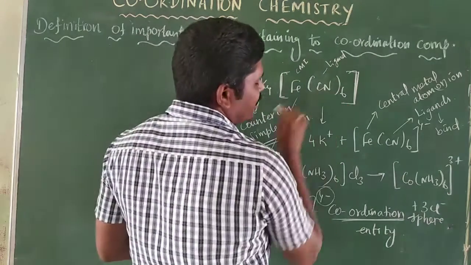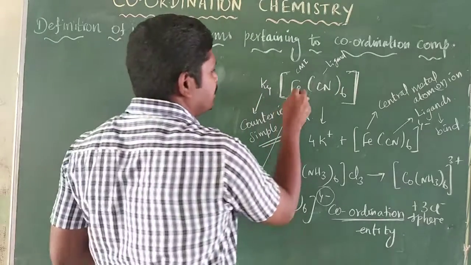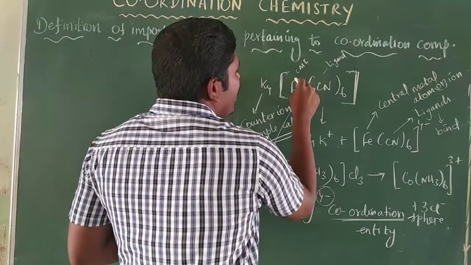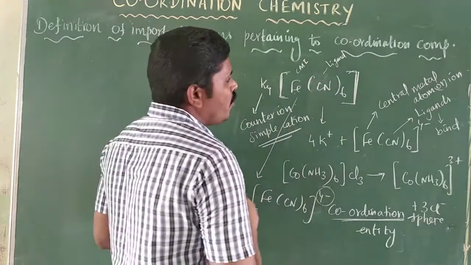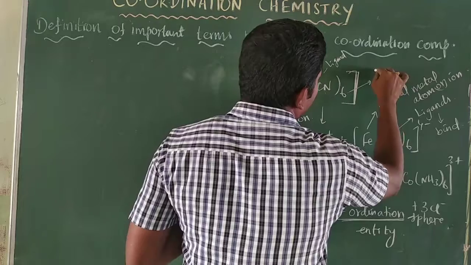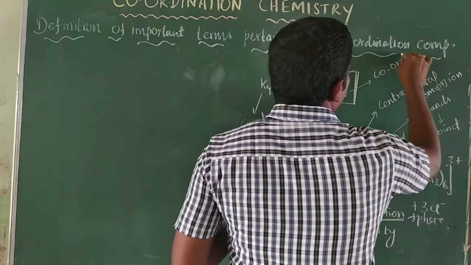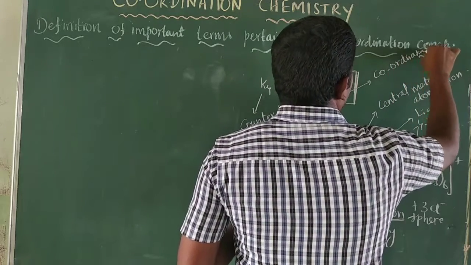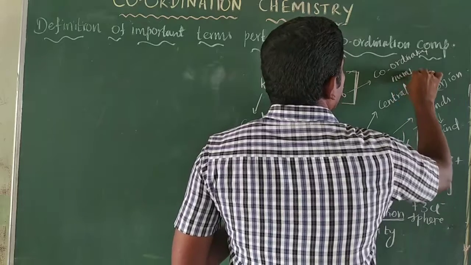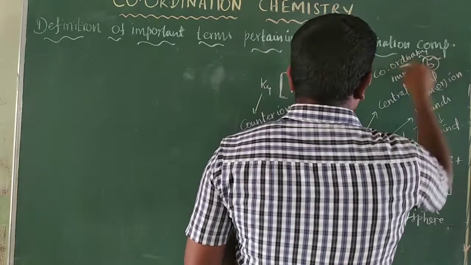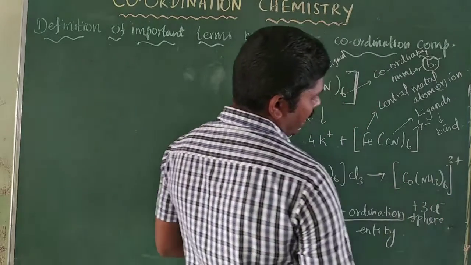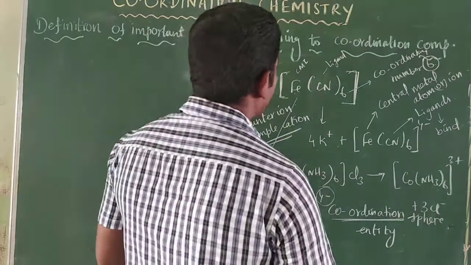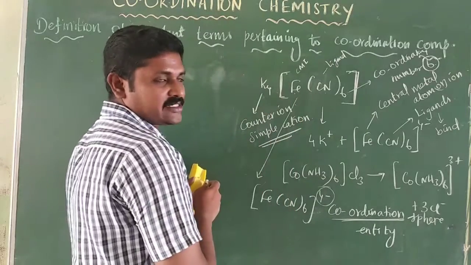Next, coordination number: the number of ligand donor atoms bound to the central metal atom. Here the coordination number is 6. Now the oxidation state.